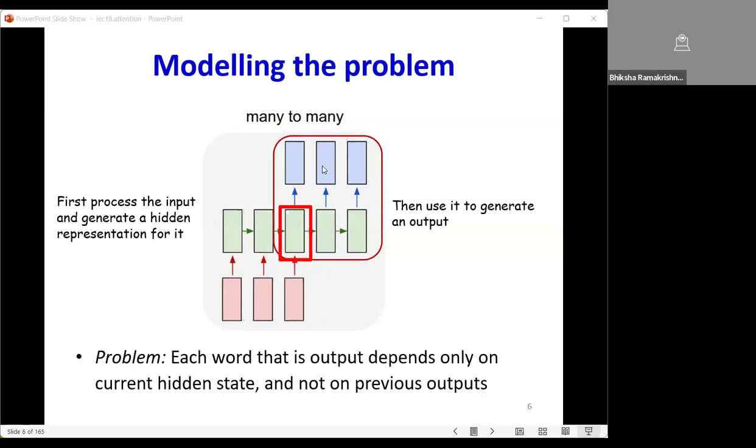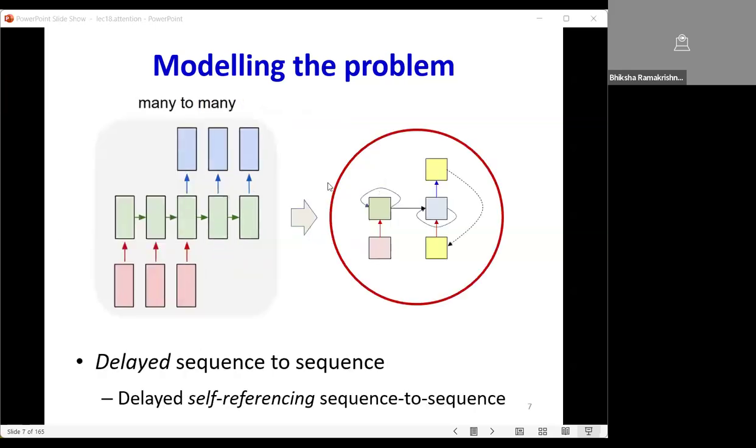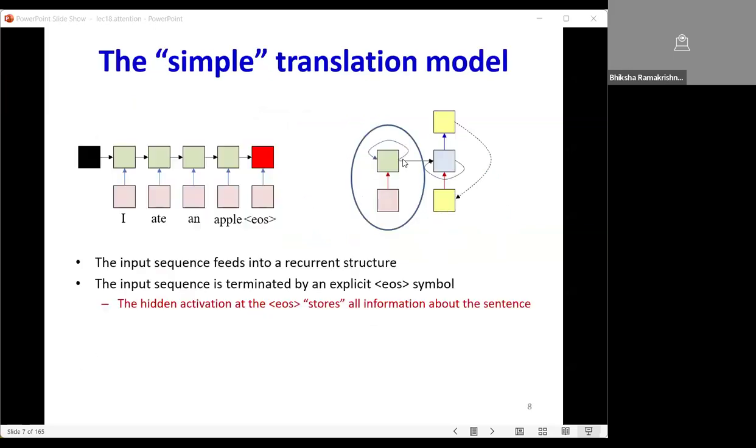And this was too naive because each word that is output depends only on the hidden state and not on the previous output. So we saw that we really had to feed the generated word back in to the model. And so this was the simple translation model that we saw in the last class. So here's how this operated.